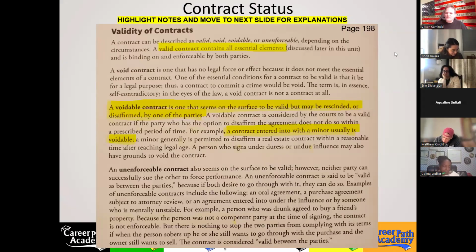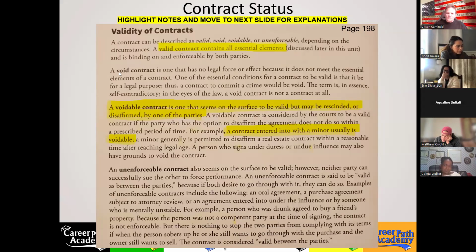And they are competent parties, offer and acceptance, consideration, and legality of object. There you go, the four essential elements. So if you have a contract that has all those four essential elements, it is valid and fully enforceable in a court of law. So a valid contract contains all essential elements.